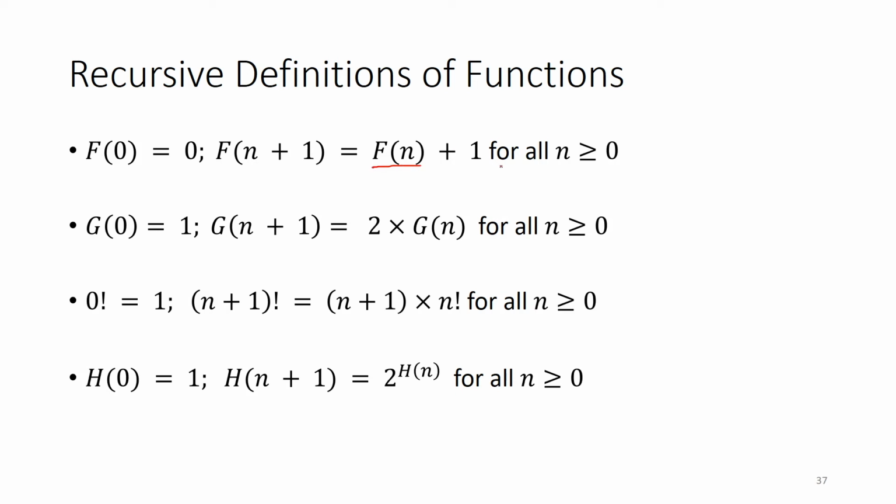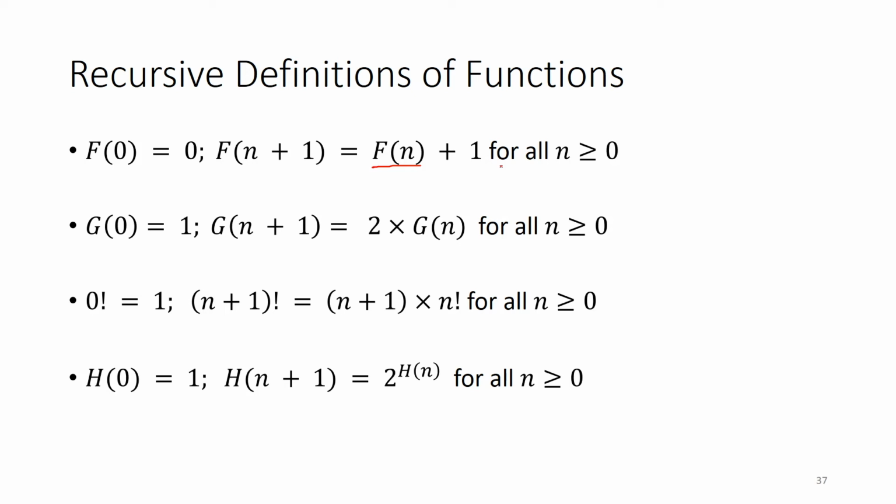And this is just another number. We can start from 0, and the next step is 1 more, that is 1, another 1 more, 2, 3. So we can define natural numbers using that.